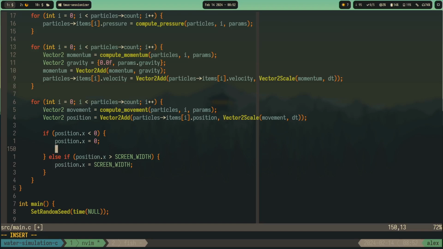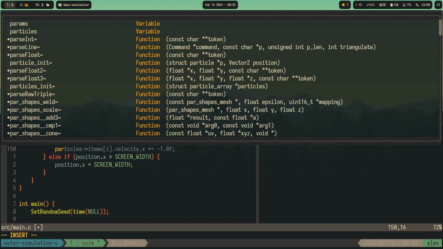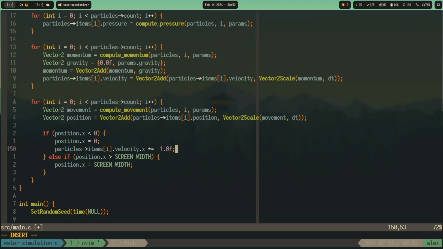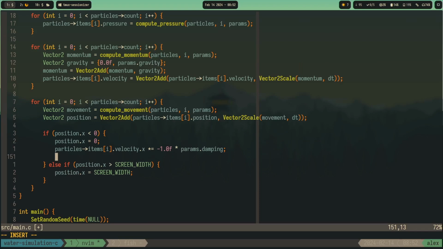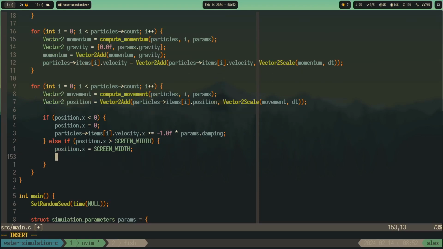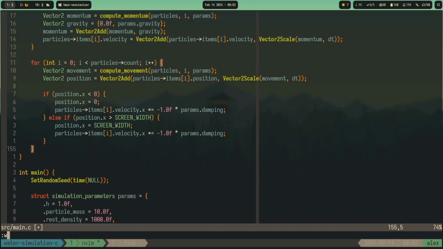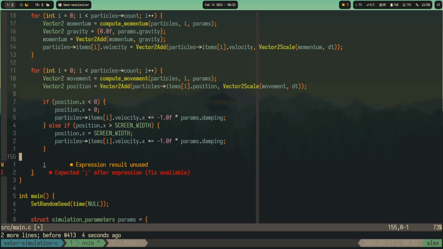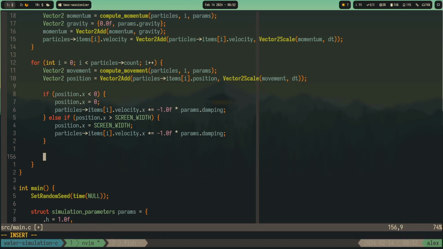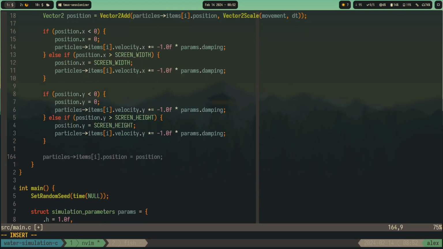So particles times damping. That's all. And this one, and then for y. Yeah, like that. And then we just set the position.